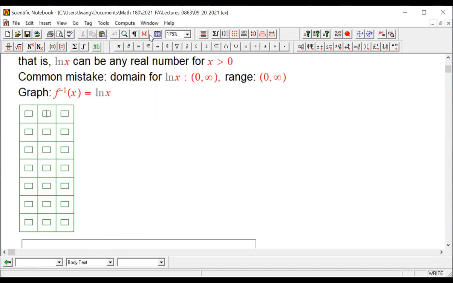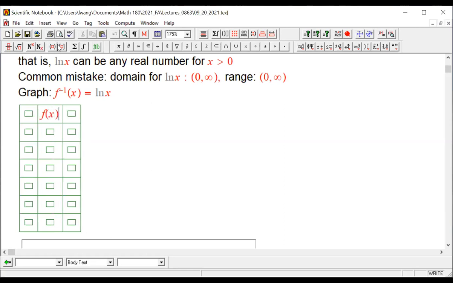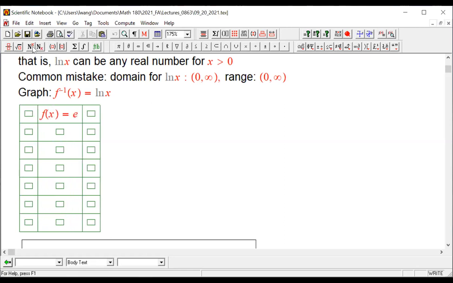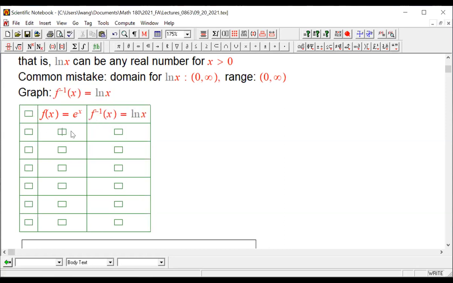The function f of x equals e to the power x. And the next one is this guy. We know that these are two different rules, but these two rules are related. So input x.